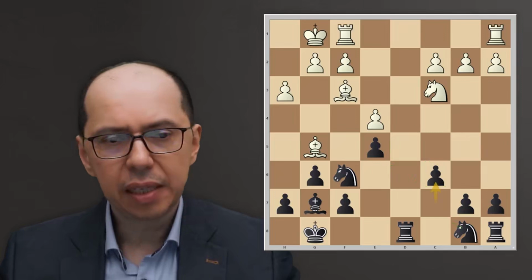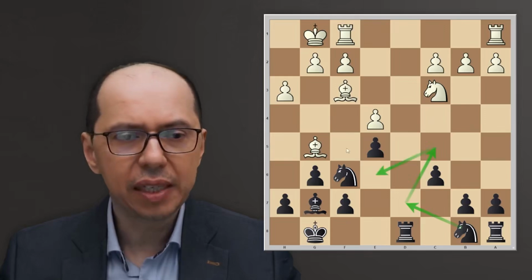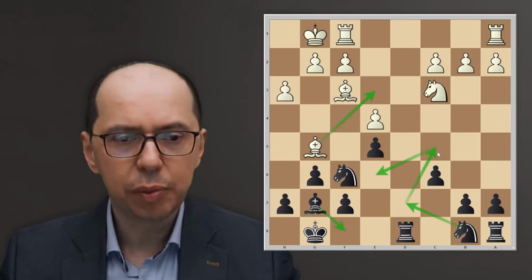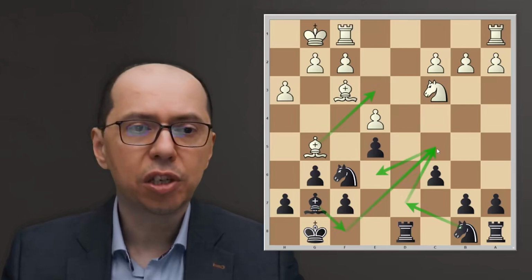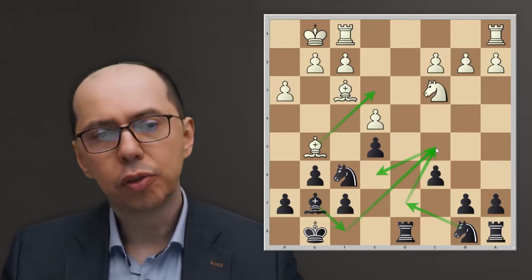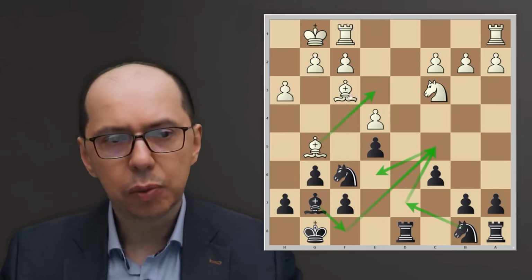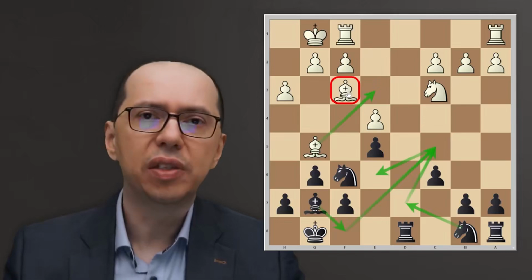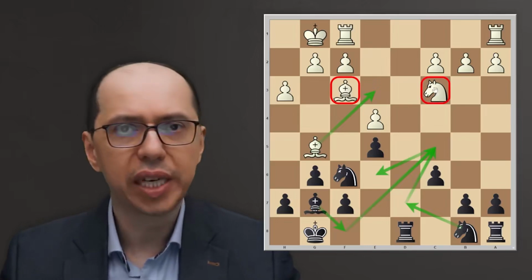So the way I see it, once again, is that we'll play knight d7, knight c5, knight e6. White will probably go bishop e3. At some point, we'll go bishop f8, bishop c5. And there, when we exchange the dark-squared bishops, and we get two knights against bishop and knight, that is when white will start realizing that the bishop on f3 is chronically passive, and we already know that the knight on c3 is not a great piece.